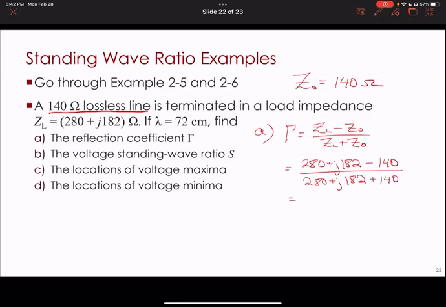You can add together the real parts. 280 minus 140, that's just going to be 140. We still have our plus j182. And on the bottom, we have 280 plus 140, so that's going to be 420, and we have plus j182.